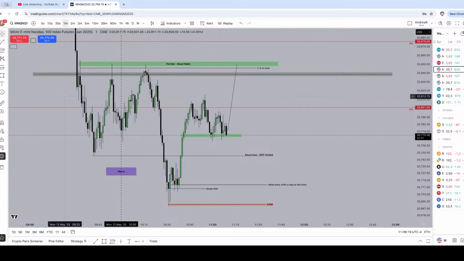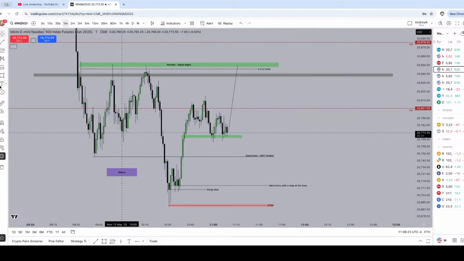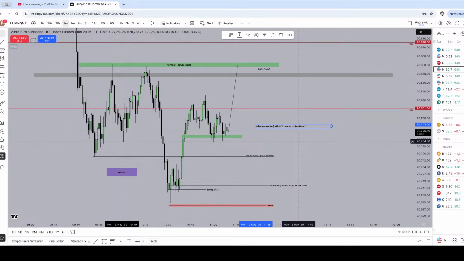Macro ended. I'll leave you with this note. You can watch that. Macro ended, didn't reach objective in time. It still can deliver buy side, but manage risk.